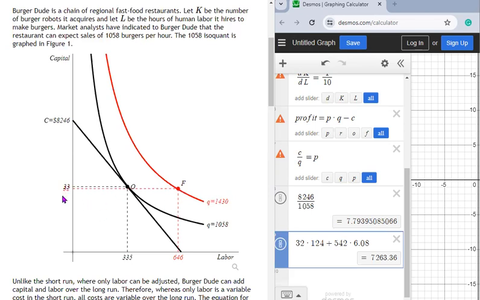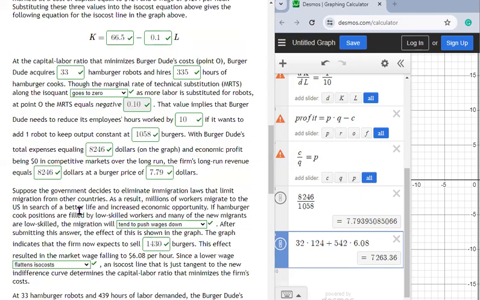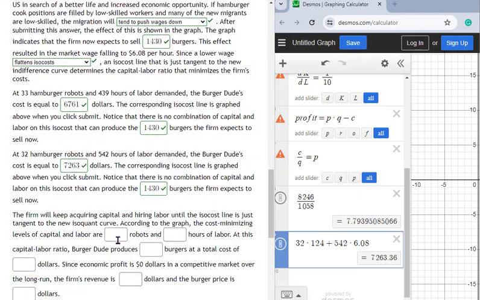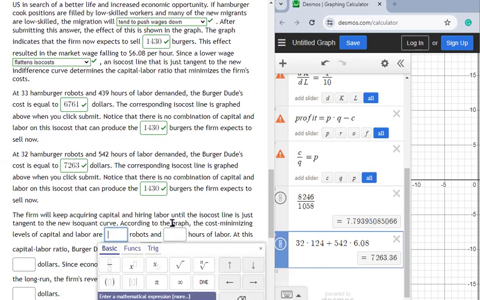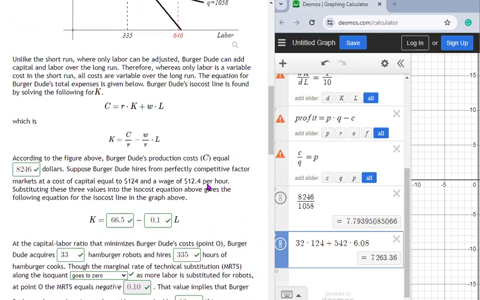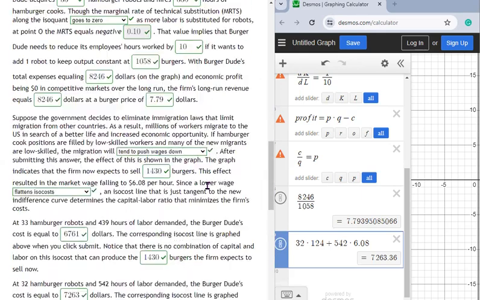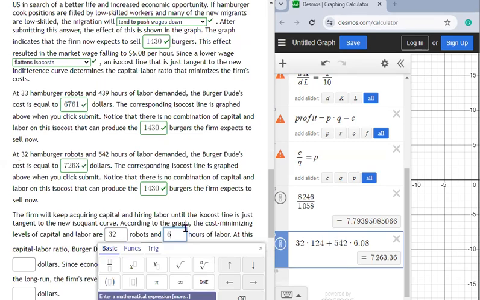It's kind of hard to see there, but if you look at the red, 32 is just below 33, so it's 32, right? So the cost minimizing levels, according to the graph, is 32 robots. And what was it? 646 hours of labor.